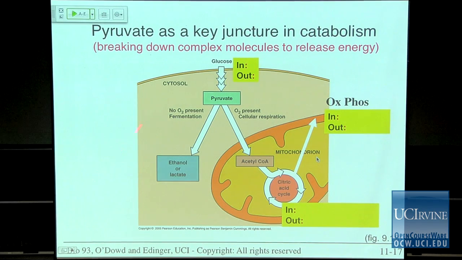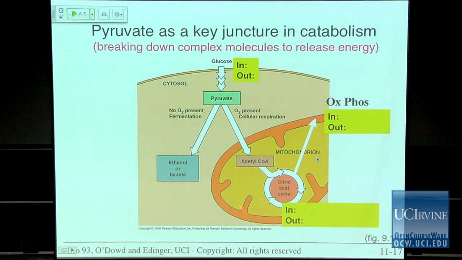So the last thing I have up here is pyruvate as a key juncture in catabolism, which is defined as breaking down complex molecules to release energy. And here we were starting sometimes with glucose, but you could start with other molecules as well, proteins and lipids.